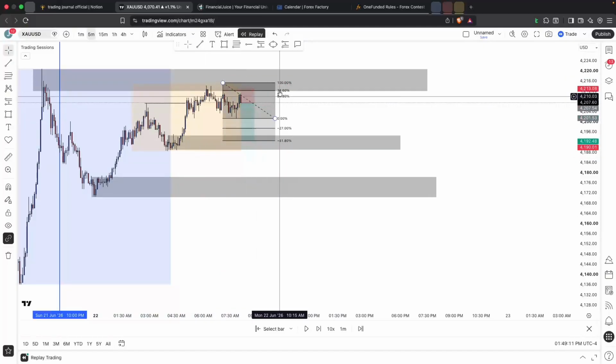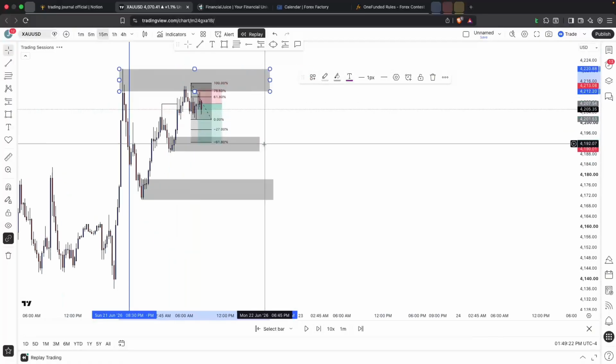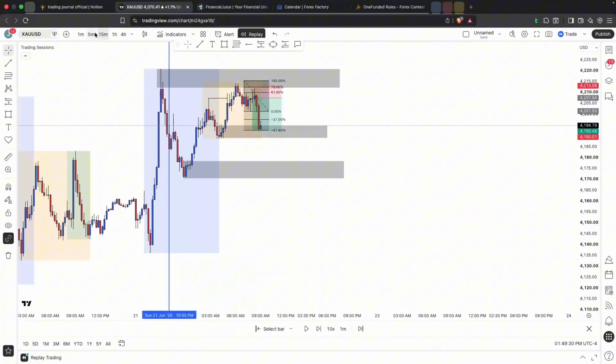And price kind of already reacted off of here. So let's enter for the sell. Price slows down and TP gets hit.